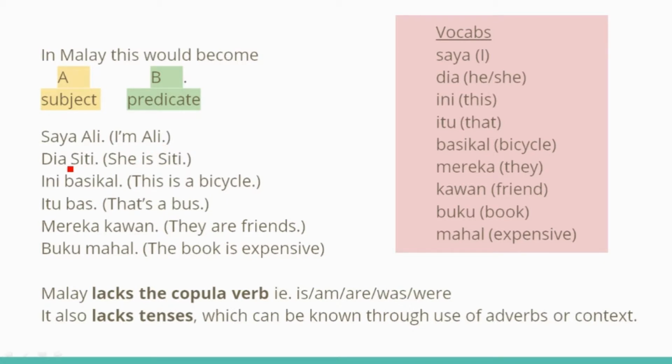You can also see that Malay lacks tenses, and the only way you can tell whether something happens in the future, present, or past is through the use of adverbs of time, which describe the event or action, or through context. For example, if you're speaking about last night's party, you would know that the context will always be in the past tense, even though in Malay we don't use past tense.